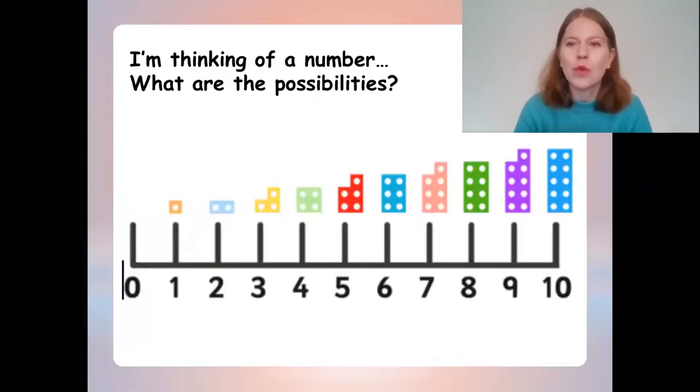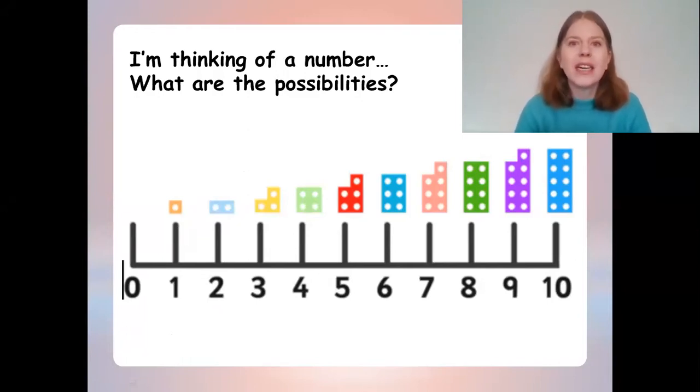Okay, so we're going to do our warm-up activity, and for the warm-up activity I am going to be thinking of some numbers, and I'm going to give you some clues as to what numbers these could be.